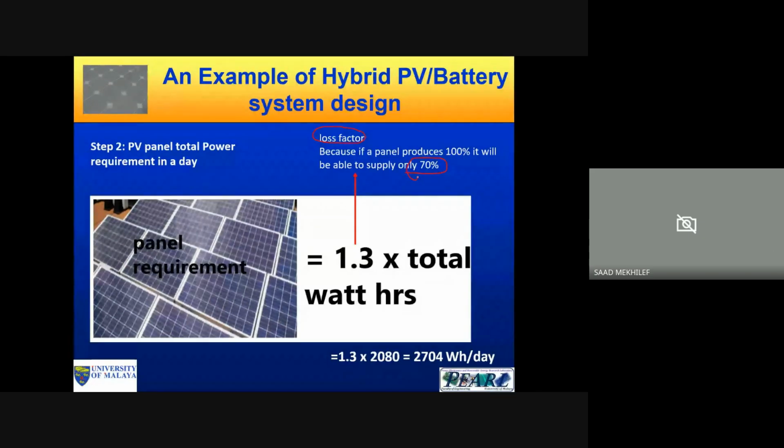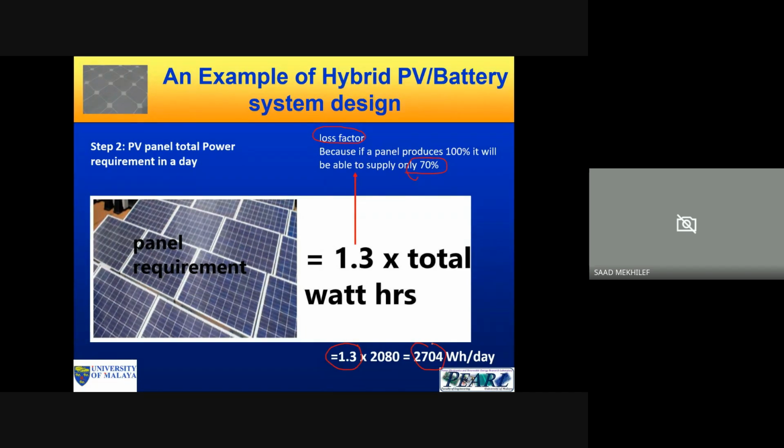I remember before, so here we multiply by 1.3. Once we multiply by 1.3, the load actually becomes 2,704 watt-hour per day. This is what we call the losses inside the system, so they are 30% losses.